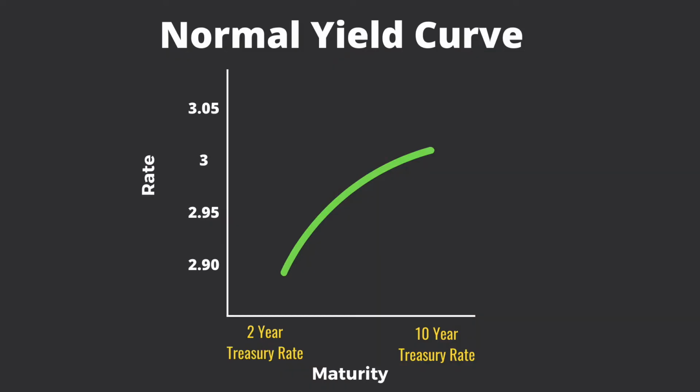Usually, in normal economic cycles, the short-term interest rates are lower than long-term interest rates, which causes the yield curve to slope upward, indicating higher yields for long-term investments. Meaning, the longer you loan your money to the U.S. government, the more interest you'll receive. Therefore, you would expect to receive more interest on a 10-year loan versus a 2-year loan.